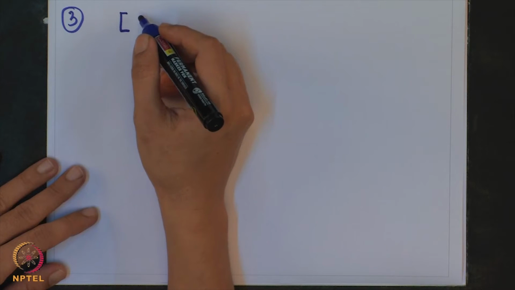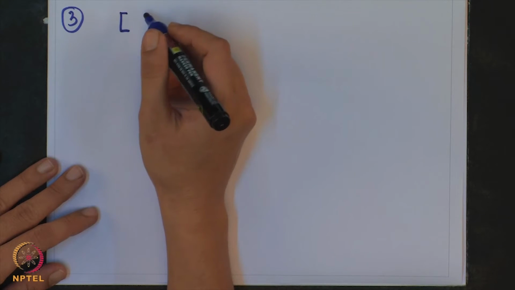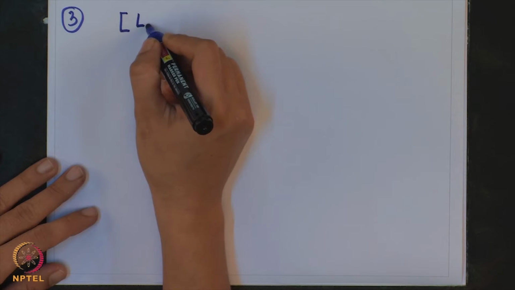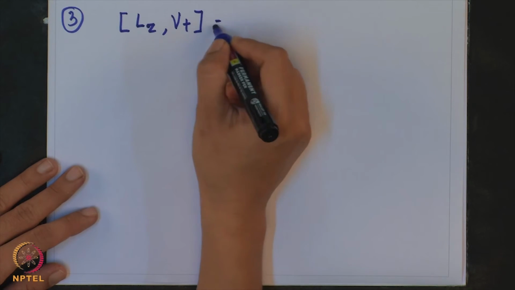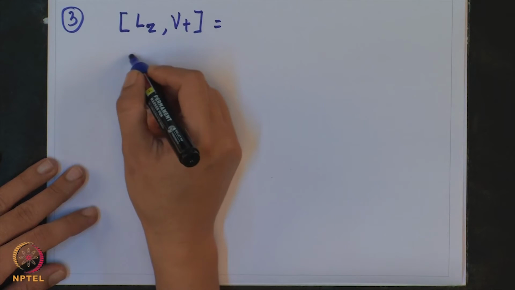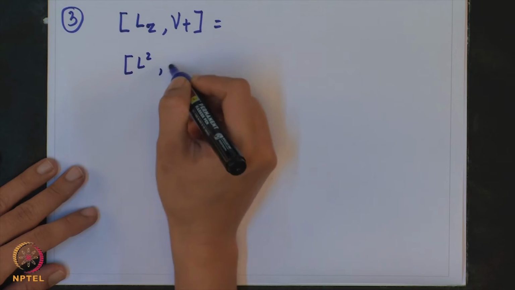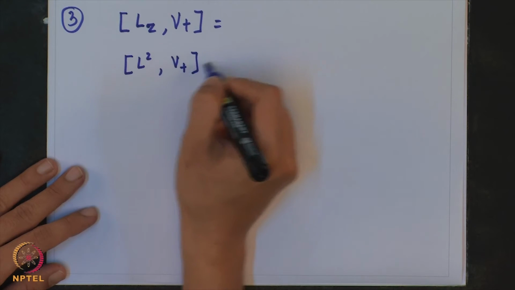Problem 3: you are given a set of commutator relations, and using those commutator relations you have to dig down and search the results. So, one of the relations given to you is for Lz V plus, and L square V plus is given to you.